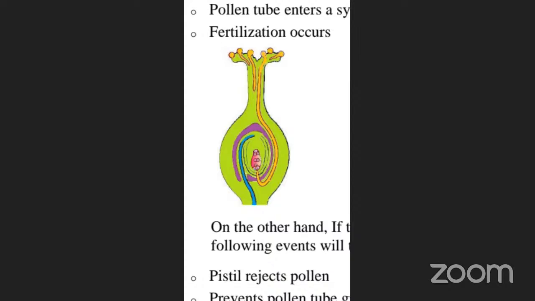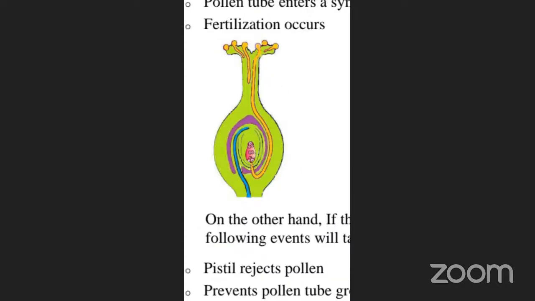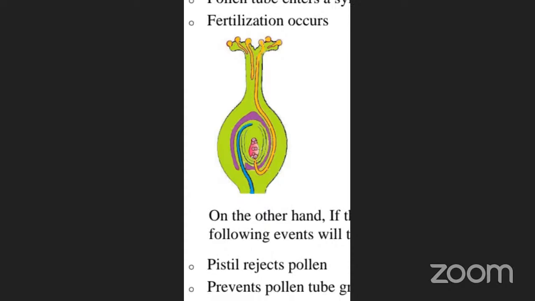After entering the ovule, the embryo sac is there. Then one male gamete enters and fuses with the egg. That is called syngamy or fertilization.